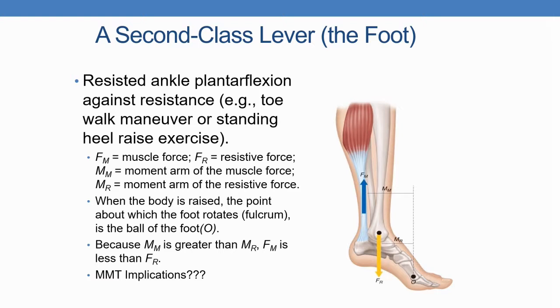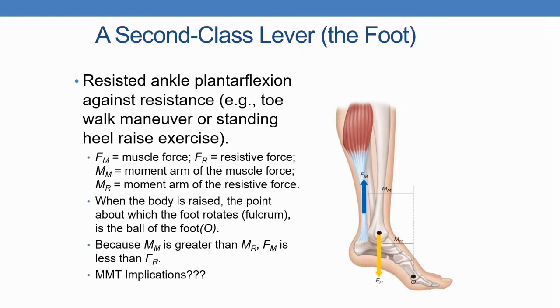The foot forms a second-class lever system, so let's turn our attention to the toe walk maneuver, which is actually nothing more than resisted ankle plantar flexion. What's the resistance? The resistance is the weight of the human body. So let's consider a person who weighs 200 pounds, just to use round numbers.